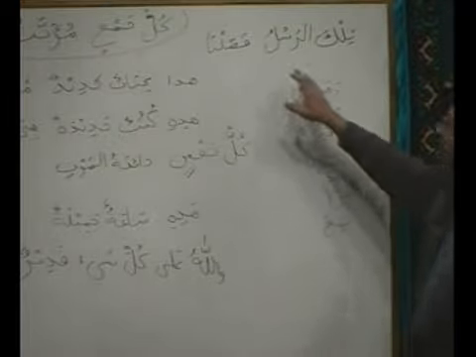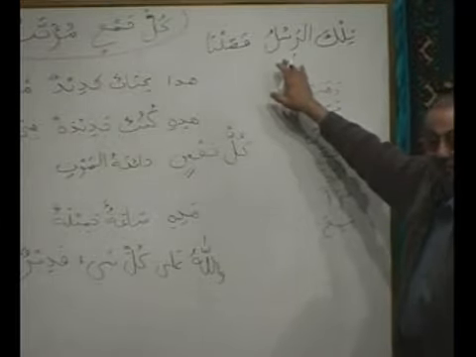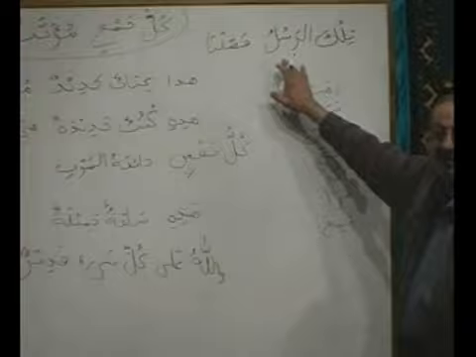Okay, tilka rusul. Why not ulaika rusul? Now here Allah subhanahu wa ta'ala is using a broken plural, which is aqil, as a singular. Why are you using tilka, brother? It's a plural, and it is aqil. It's a broken plural.